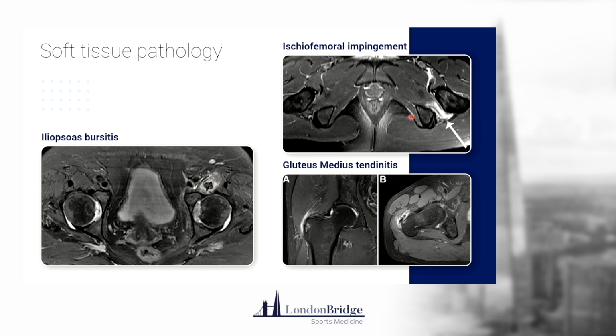So, ischiofemoral impingement, that's a diagnosis that's probably more helpful for the radiologist than it is for us as clinicians, but it can be painful. So you can have patients, again, to do with the pelvic anatomy, who have a narrowed ischiofemoral space, and quadratus femoris gets pinched, gets swollen, gets inflamed, presents similarly to an ischial bursitis.